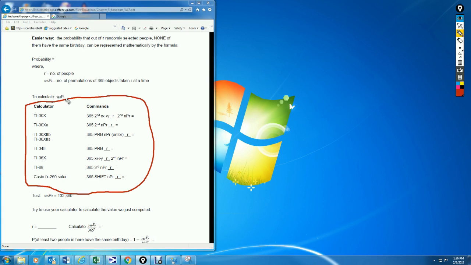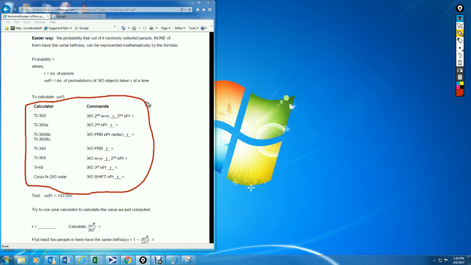I just showed you the formula for how to calculate the number of permutations. I do not actually want you to use that formula. I will get angry with you if I see you actually using that formula. The reason is that formula is built into your calculator. It is a function on your calculator, and that is what you should be doing.